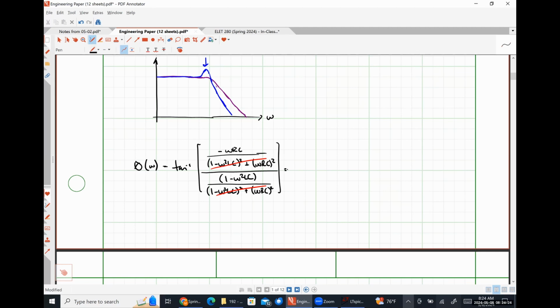Which comes out to be the inverse tangent of negative omega RC over 1 minus omega squared LC.